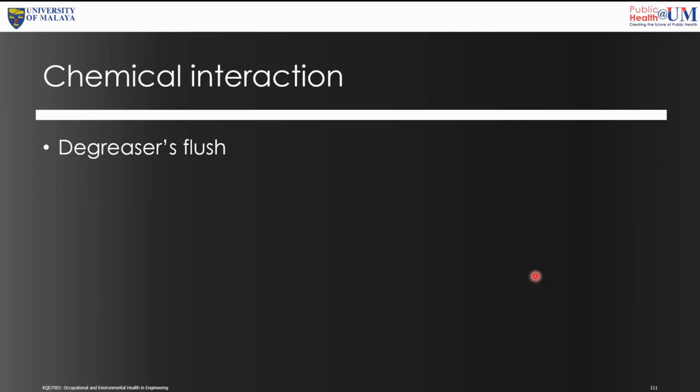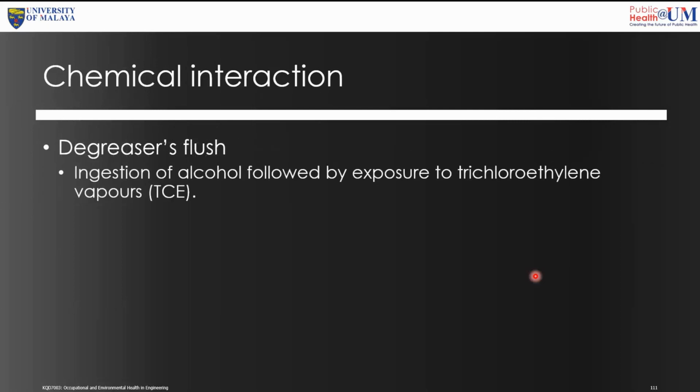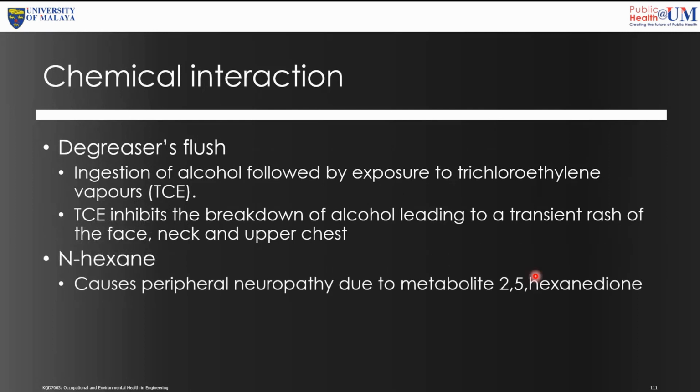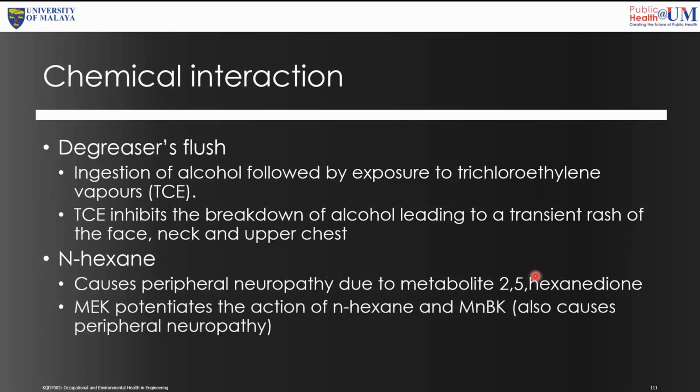The other topic is chemical interaction. One chemical interacts with another chemical, like degreaser flush: injection of alcohol followed by exposure to trichloroethane. Trichloroethane inhibits breakdown of alcohol, leading to a transient rash of the face, neck, and upper chest. So you must understand the interaction between chemicals so that you can advise your workers.